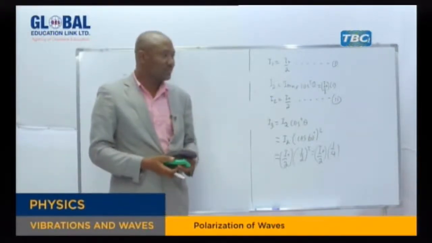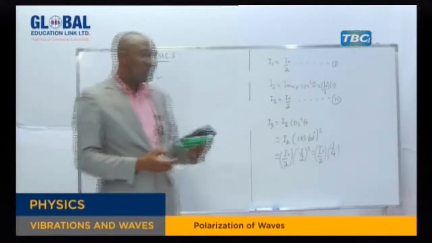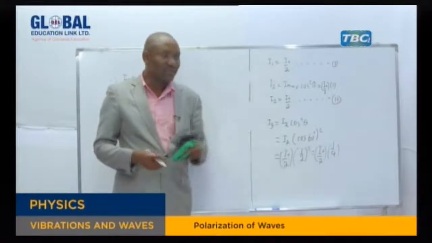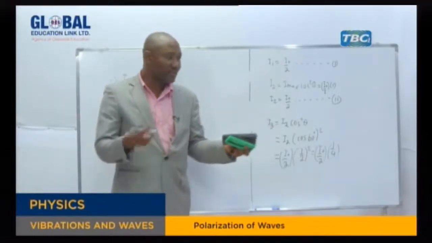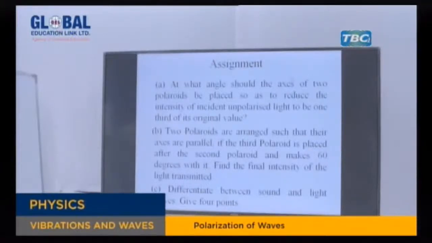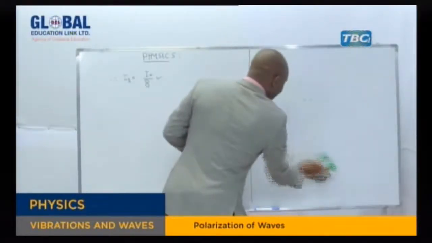Now, part C, you are now in a position to give the difference between sound and light waves. The question says differentiate between the two. You're supposed to give 4 points of difference, basing on our discussion.